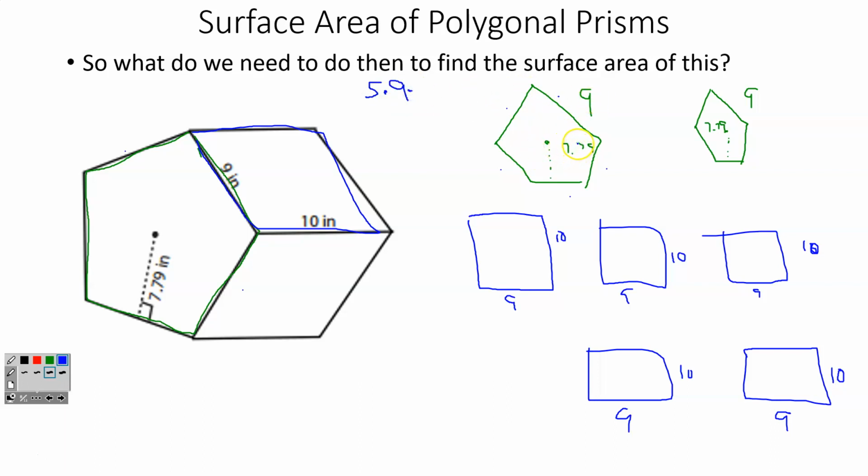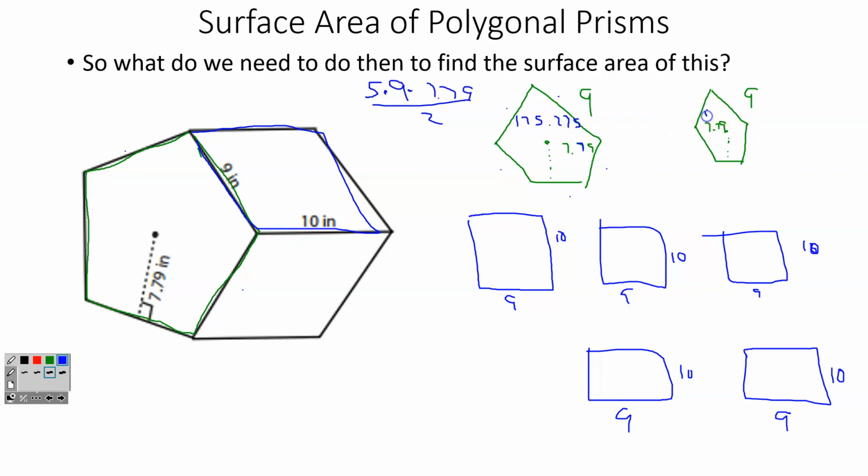The apothem is the distance from the center to the outside, which is 7.79. And don't forget to divide it by 2. So I'm going to type in my calculator 5 times 9 times 7.79 divided by 2. And that's going to give me an answer of 175.275.